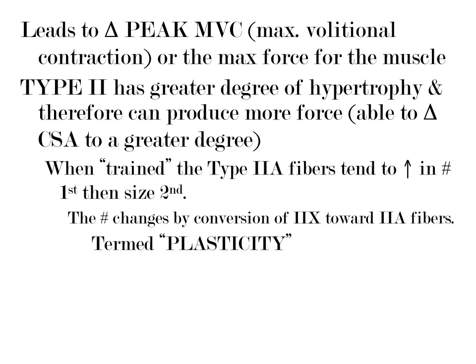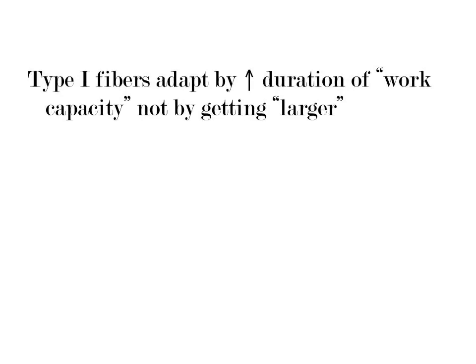The A's and the X's will move along a continuum between them through what is referred to as plasticity, which means that as they're being used, they will behave more A-ish. As they're not being used, they will behave more what? X-ish. But we never convert from 1s to 2s and 2s to 1s.